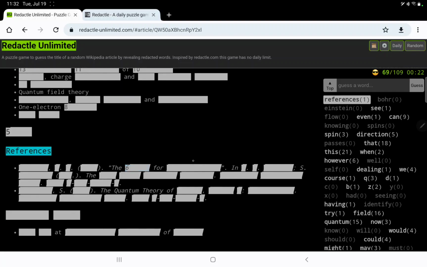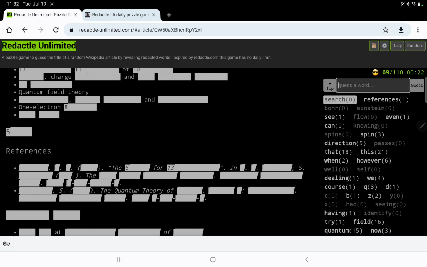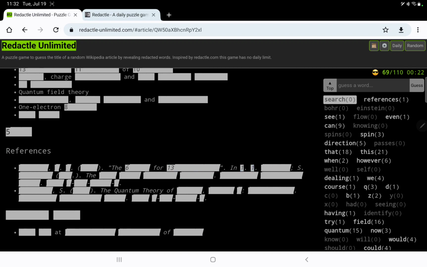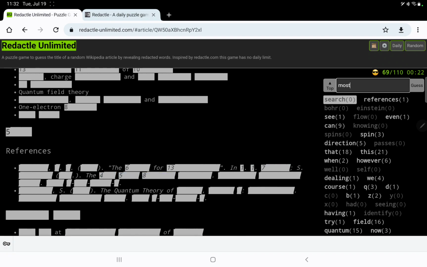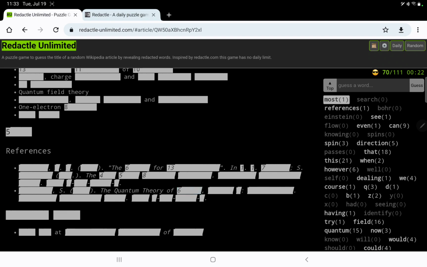Yeah. The search for, no, the something for something. In something, the for, the most, no, the quantum theory of 6. Okay, and then we have 8.5, 4.3 at 12.10 of 7.